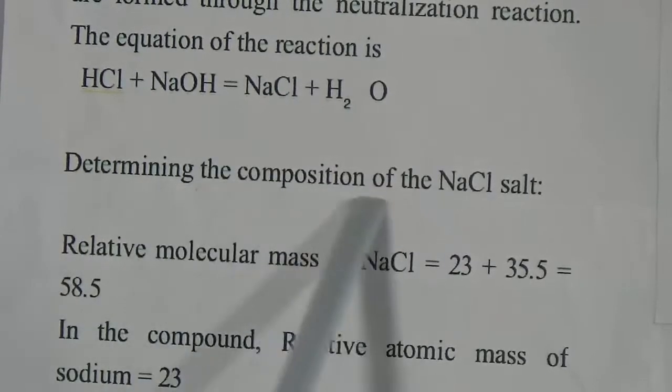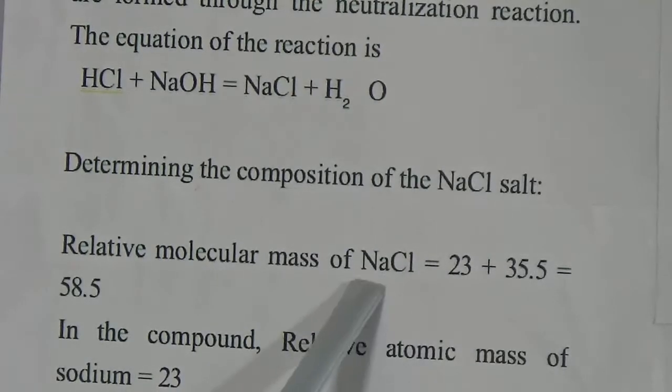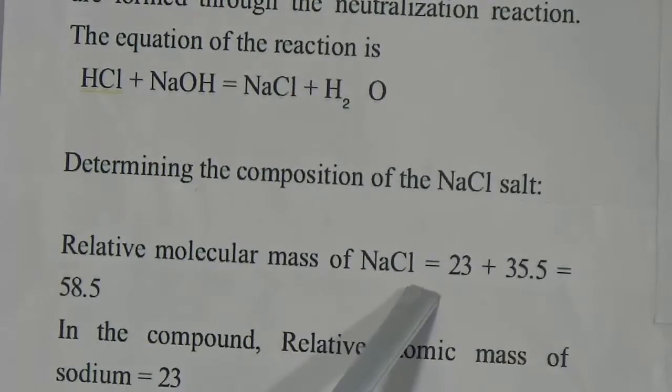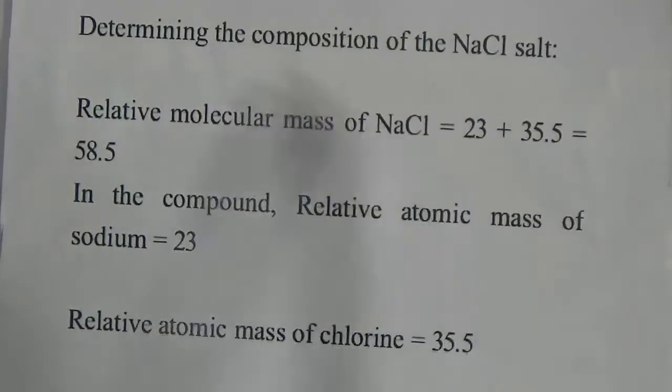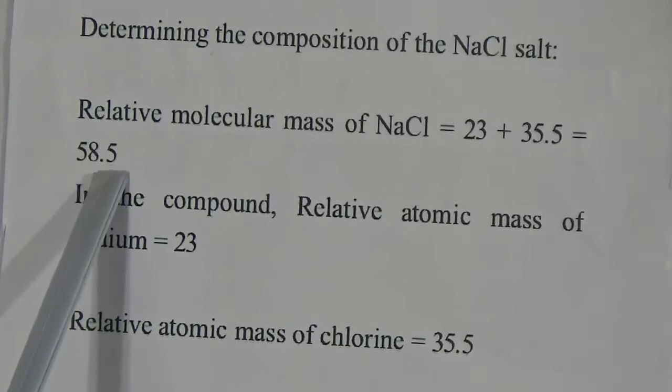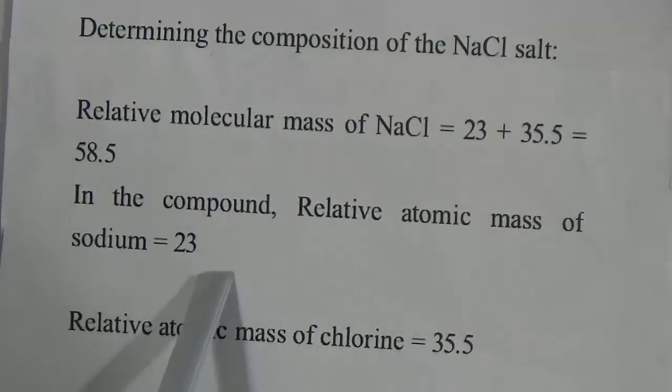Now determining the composition of sodium chloride salt. Relative molecular mass of sodium chloride: sodium's atomic mass is 23 and chlorine's atomic mass is 35.5, so it will be 58.5. In the compound, relative atomic mass of sodium is 23, relative atomic mass of chlorine is 35.5.